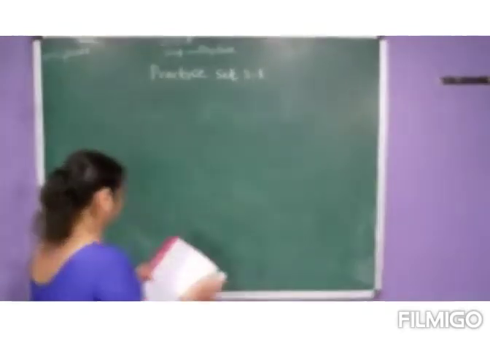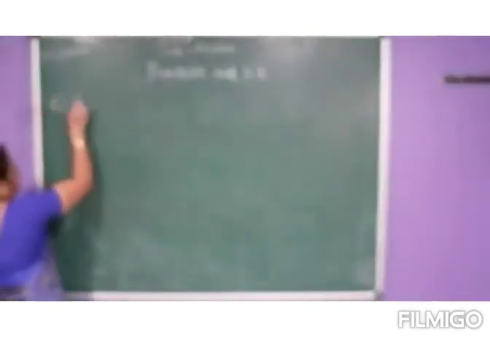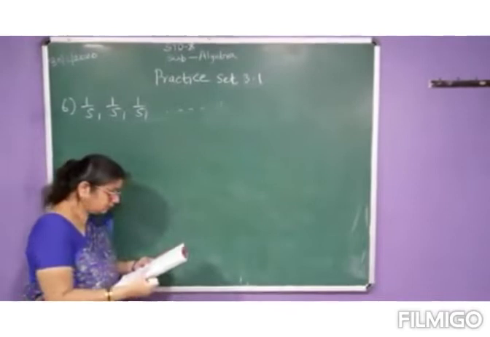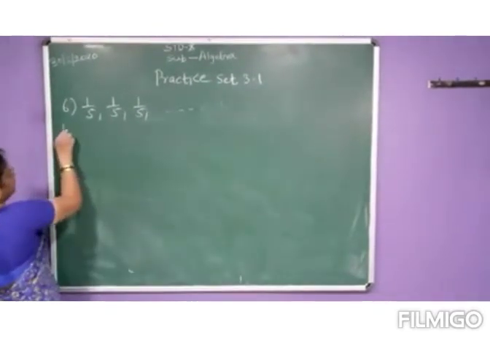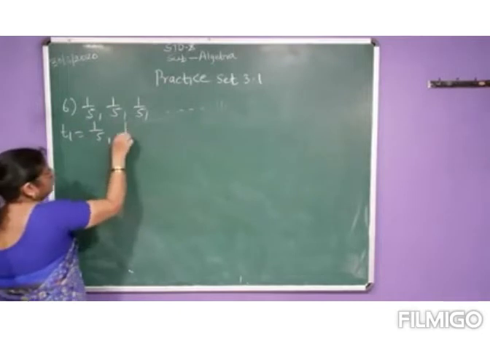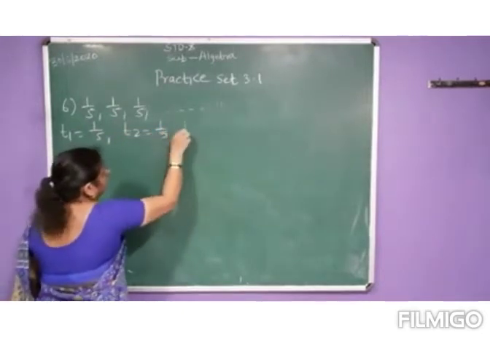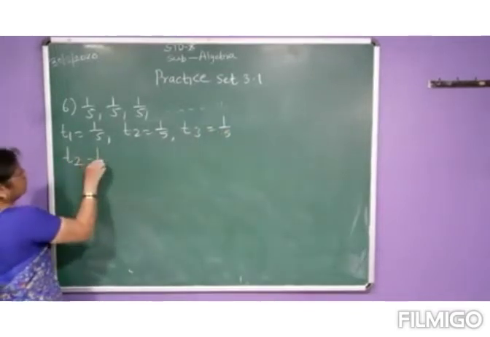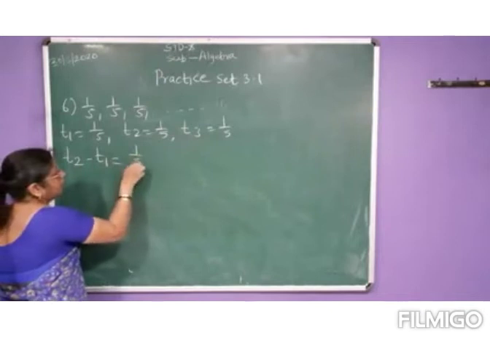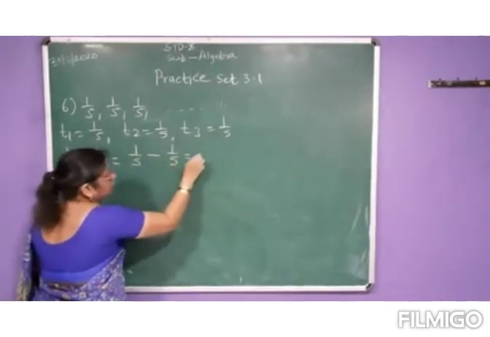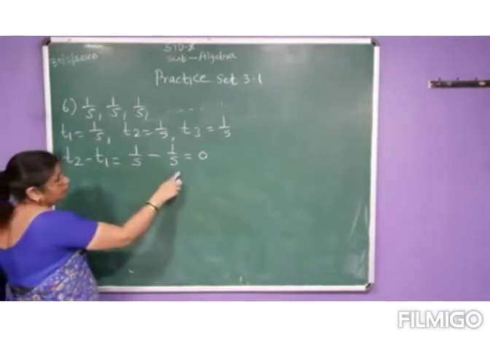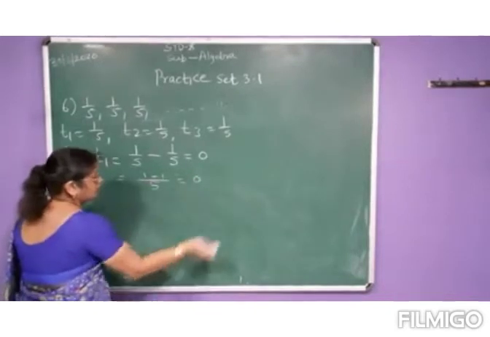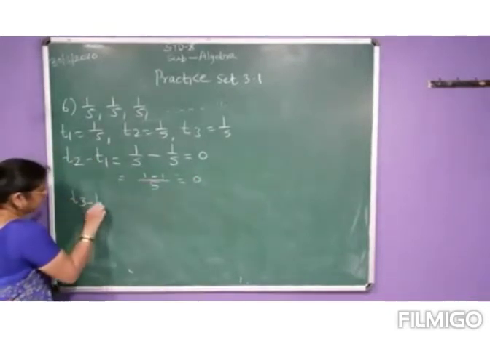For the sixth one, it is 1 upon 5, 1 upon 5, 1 upon 5. Now here, again, T1 is 1 upon 5, T2 is 1 upon 5 and T3 is 1 upon 5. Now we will find out T2 minus T1. That is 1 upon 5 minus 1 upon 5. What answer will you get? 0, because the denominator is 5, 1 minus 1. Now we will do T3 minus T2.